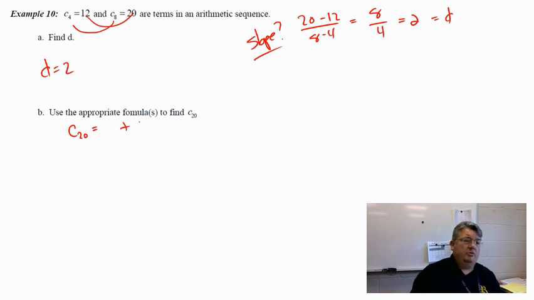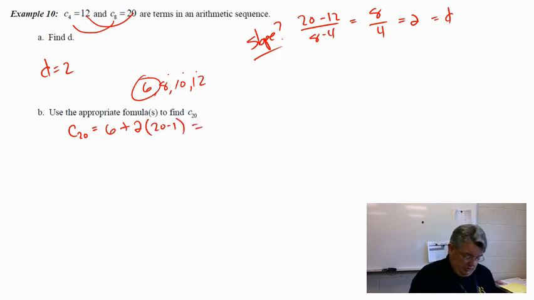I don't know the first term. How about 12, 10, 8, 6? So this is fourth term, third term, second term. There's my first term right there. So 6 plus the difference, which is 2, times n, which is 20 minus 1. And there I go. 6 plus 2 times 20 minus 1 is 19, and that gives me 44. So the 20th term is 44.